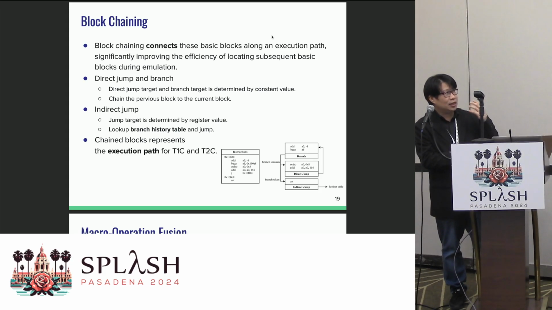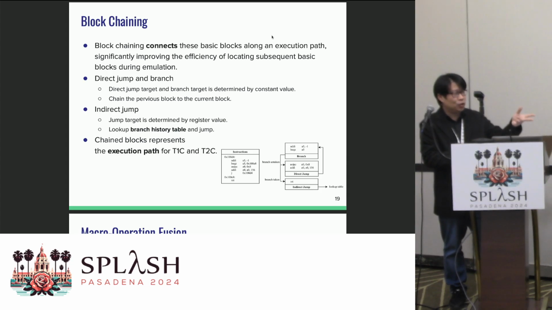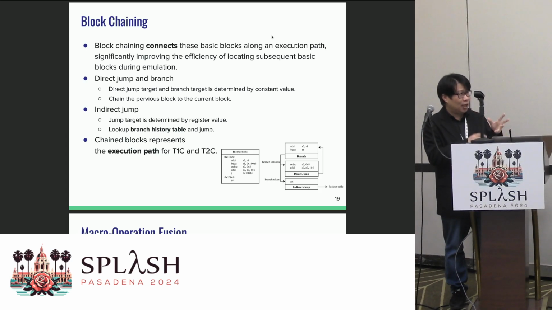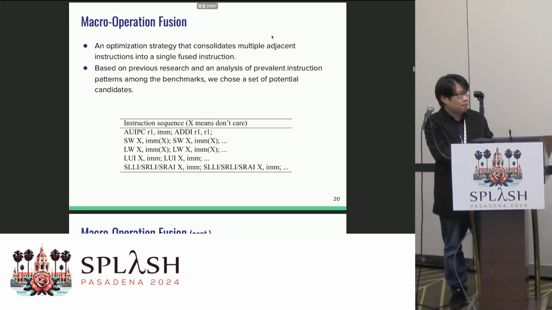The technique can help branch prediction, and then it's possible to improve the cache locality since we don't have to pay attention to frequent instruction dispatching. So this technique is quite useful, and we modified our interpreter to make use of the block chaining technique.